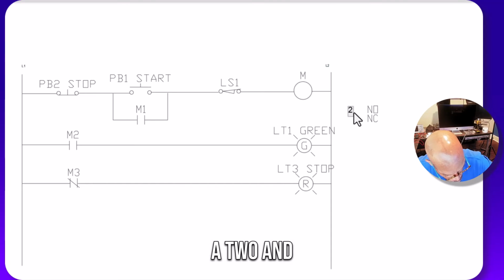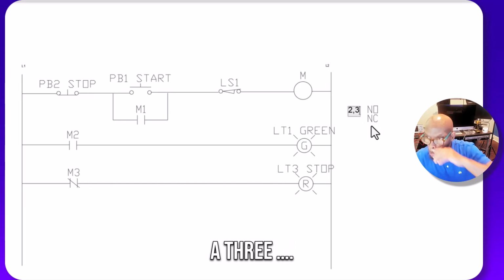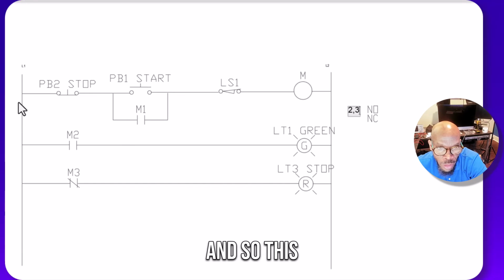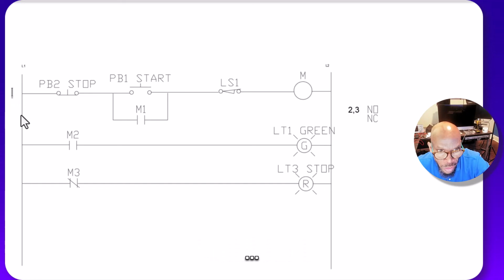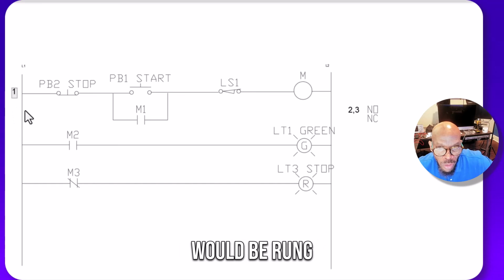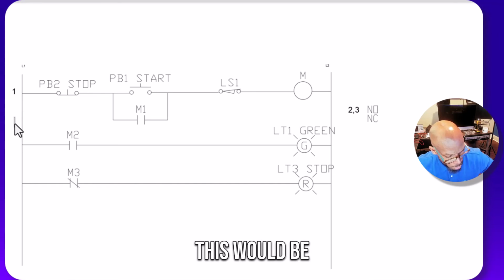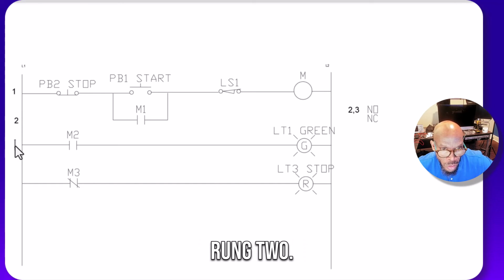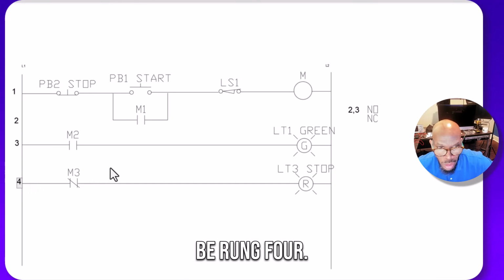So you got a 2 and a 3. And this over here would be rung 1. It's not working. That would be rung 1. This would be rung 2. This would be rung 3. And this would be rung 4.